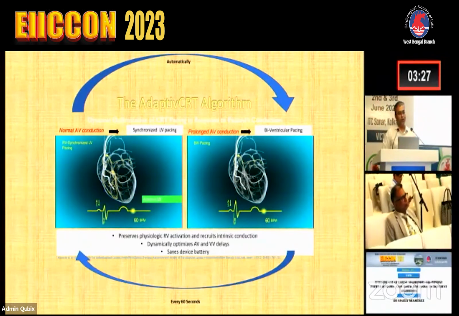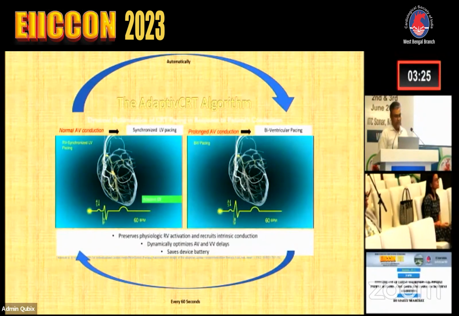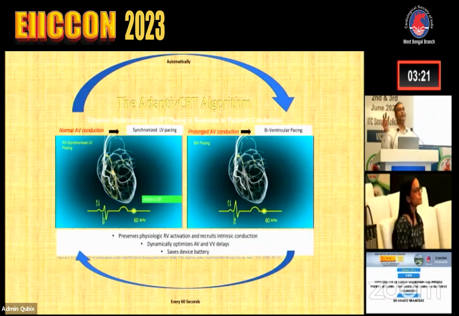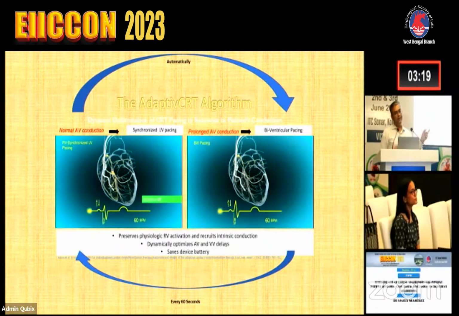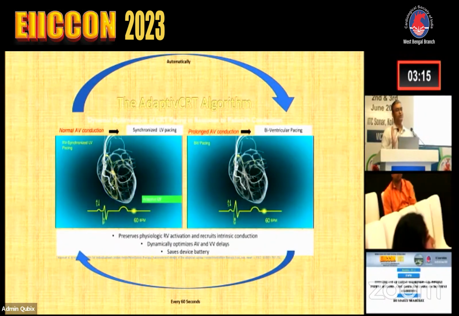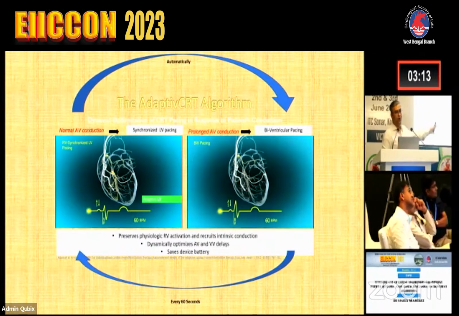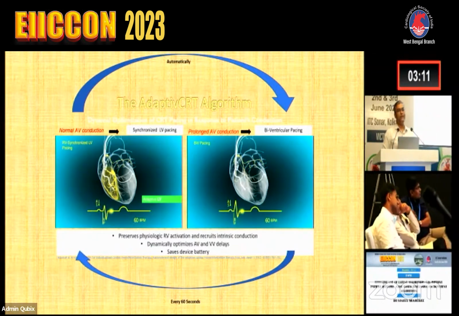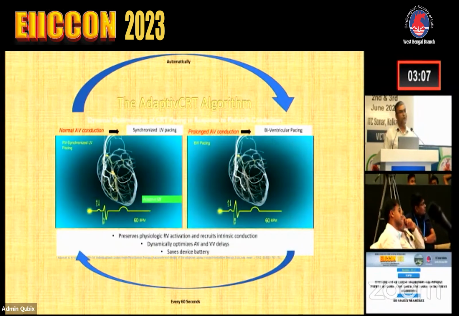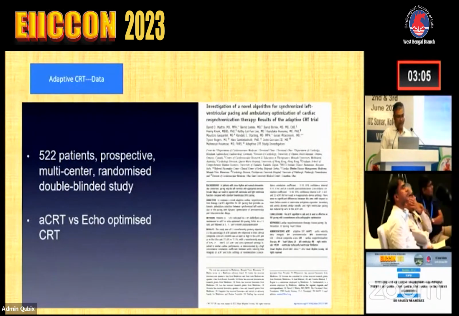It will do this only if your AV delay is not more than 250, your heart rate is not more than 100 beats per minute, and the patient is in sinus rhythm. Those are places where this algorithm will not work. It will jump to the BiV that you have programmed.